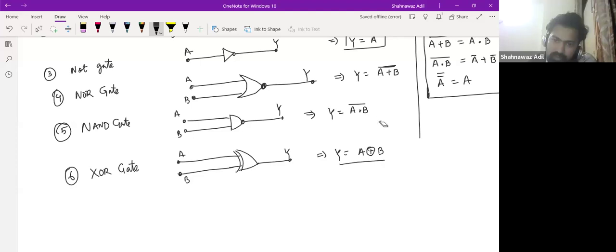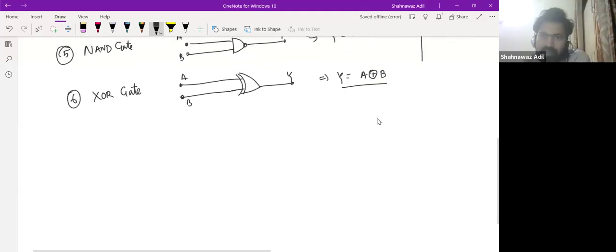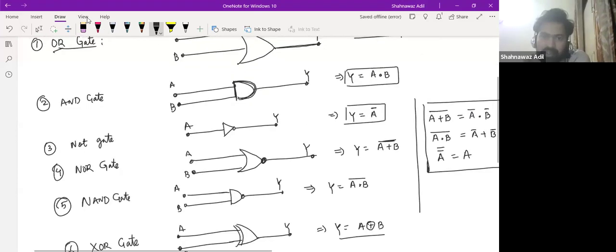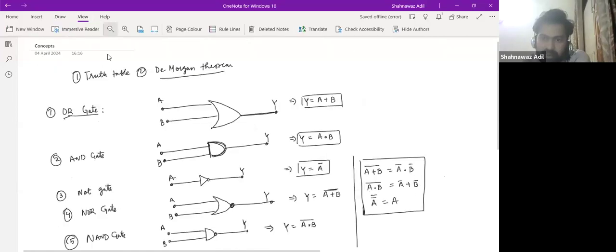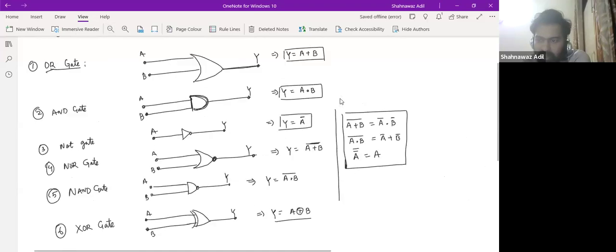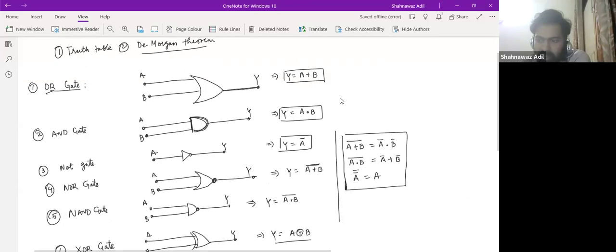What is the difference between the OR gate and the XOR gate? You guys just note down these things first, and then we will talk about the truth table. These are very easy to understand.